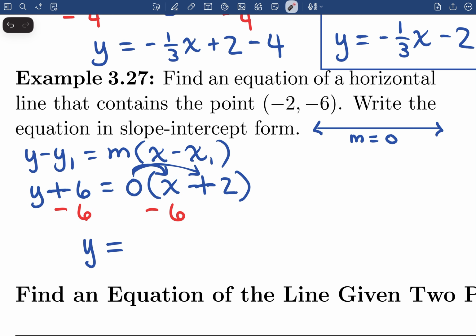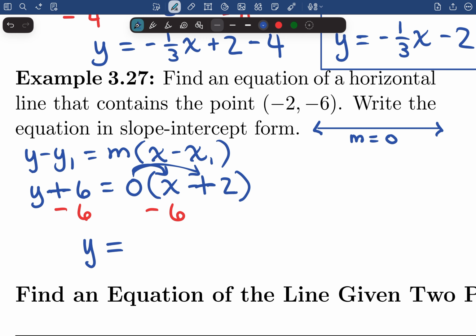That cancels. And 0 times 2 is also 0. That cancels. So all of this stuff just becomes 0 because the slope was 0. And then that -6 afterwards is all that's left. So I get an equation that says y equals -6.